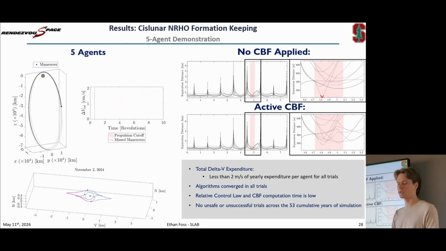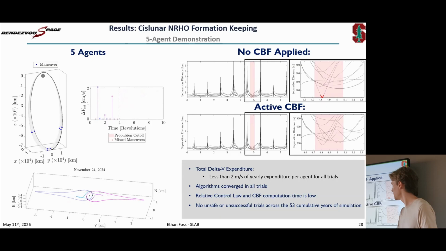Lastly, we have a 5-agent scenario here, and the last thing I would like to note is the addition of the control barrier function. What we see in this example is that if we do not consider the control barrier function, we will encounter unsafe events.